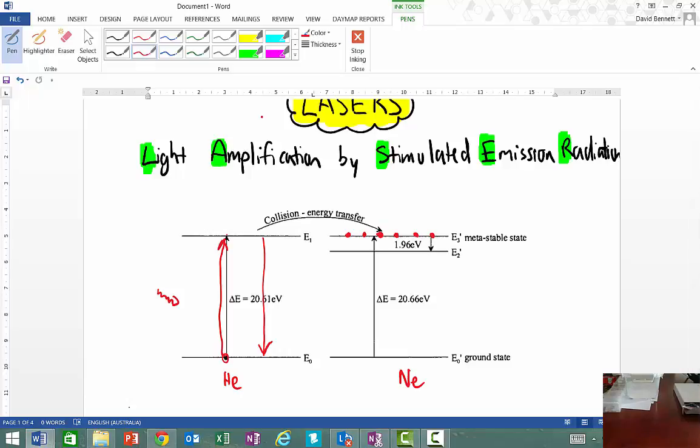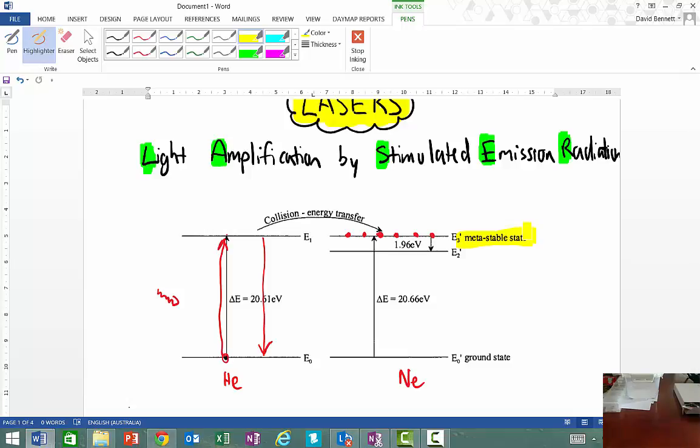Alright, so obviously we stimulate that by getting our electrons into the excited state. And then what happens here is we have two terms. In here we have a thing called a metastable state. And what that means is the electrons are going to stay there for longer than normal. Does that make sense?